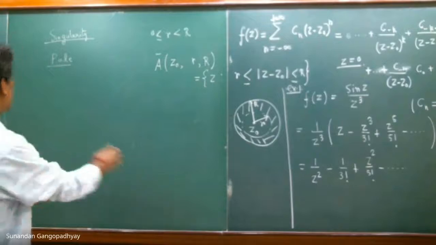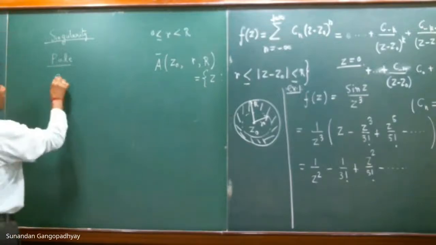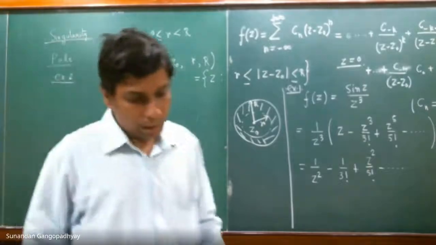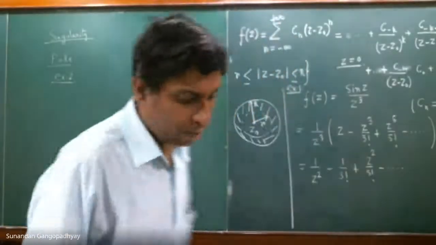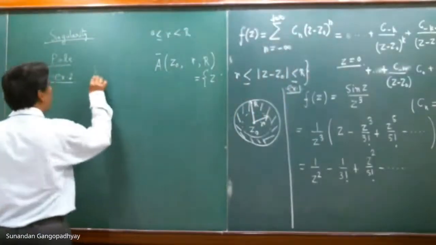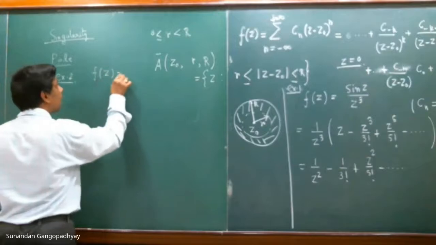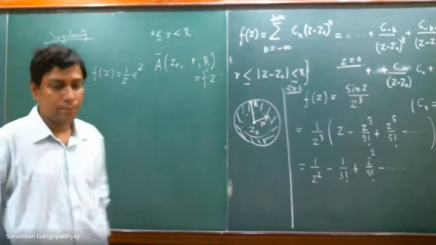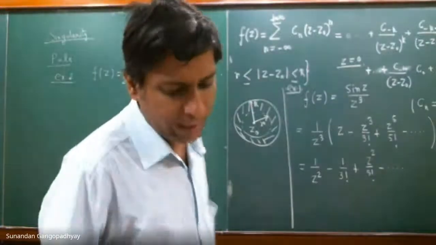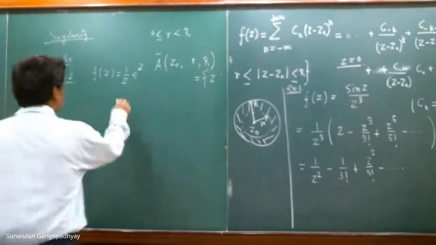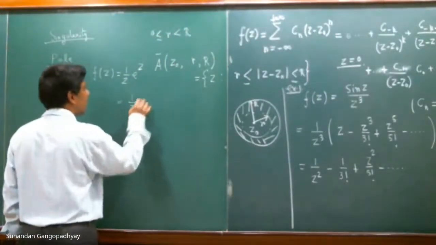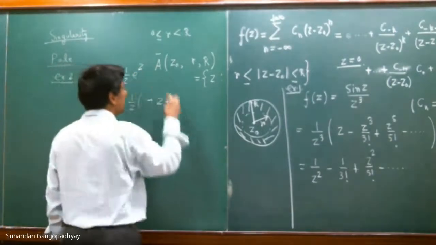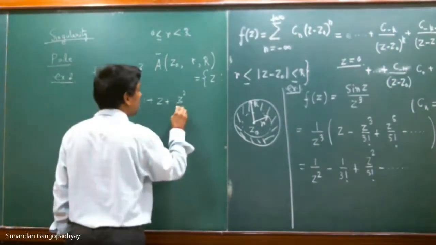Now let us take an example. Example 2. This is f of z is 1 by z e to the power of z. And see what is the pole structure. This is very simple actually, because you can just expand this. You know the power series expansion of the exponential function.